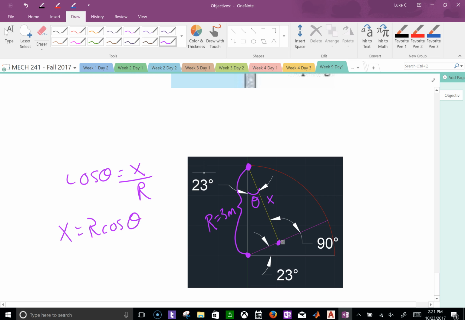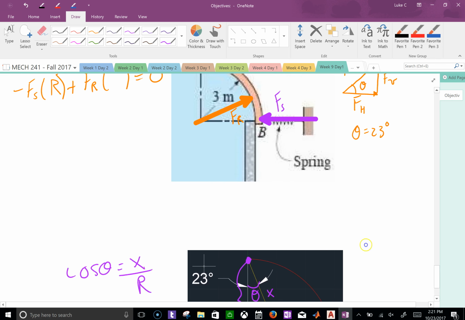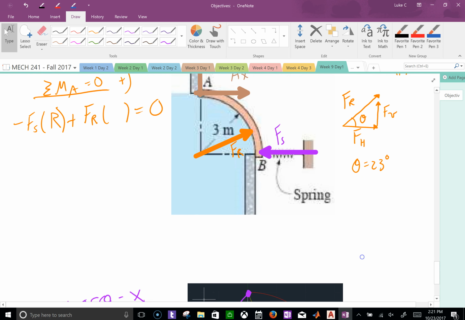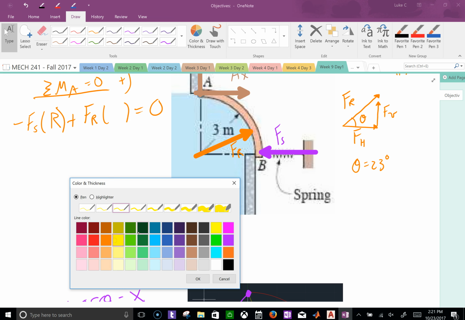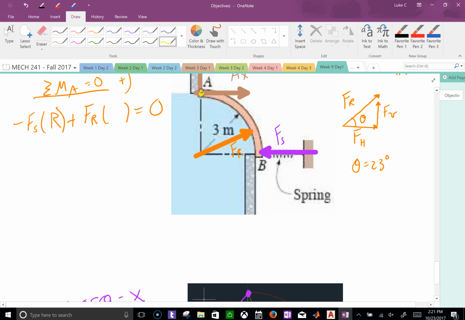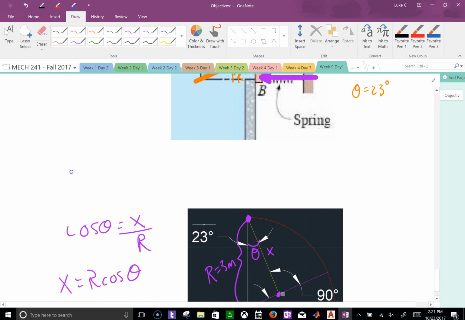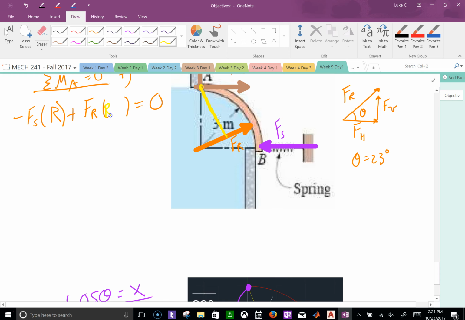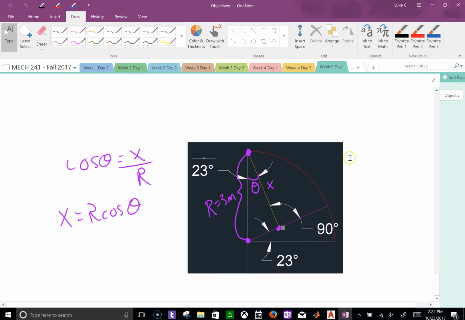X is our perpendicular distance away from A to F of R, which I did up here. The yellow line is this perpendicular distance. So now we have it. It becomes R cosine theta, and that's how you find it. All right. Good luck.